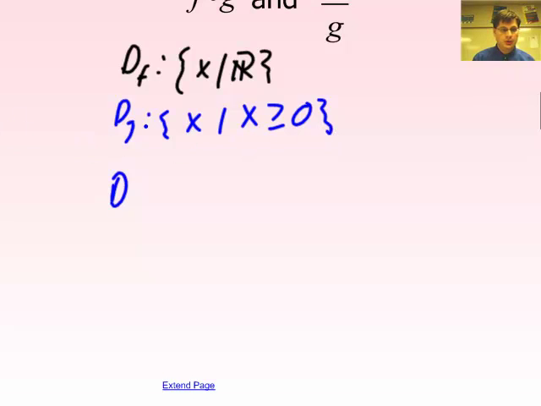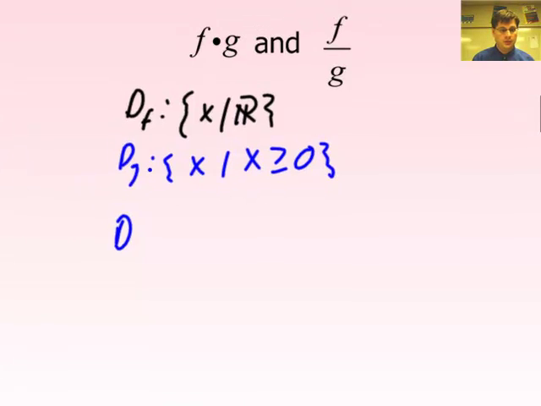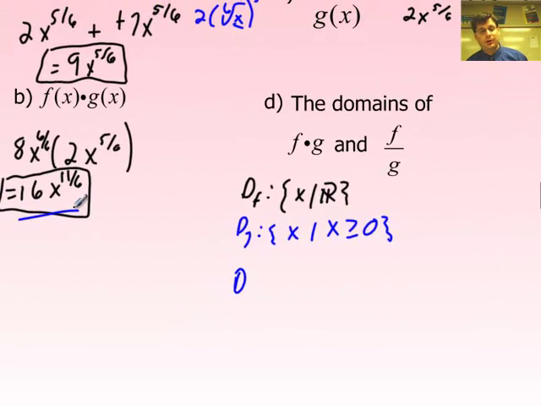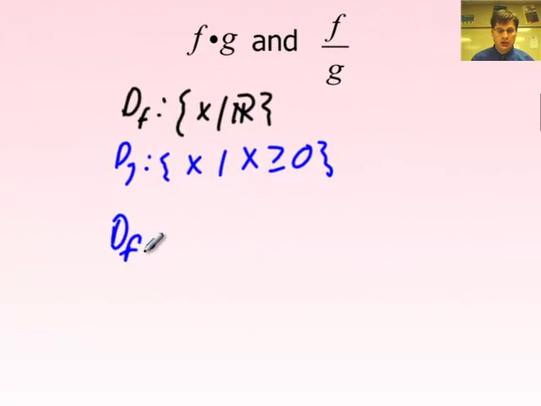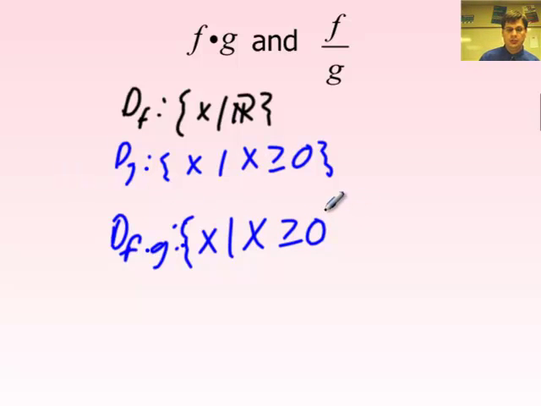But if we look at the product, if you will, 16x to the 11/6, well, then the domain of f times g is actually going to be a combination of these two things. It's going to be, so I say domain of f times g is such that x is, well, again, we got that 6 in the denominator, so x is going to be greater than or equal to 0. So it can't be any negative numbers in there, but 0 is fine.